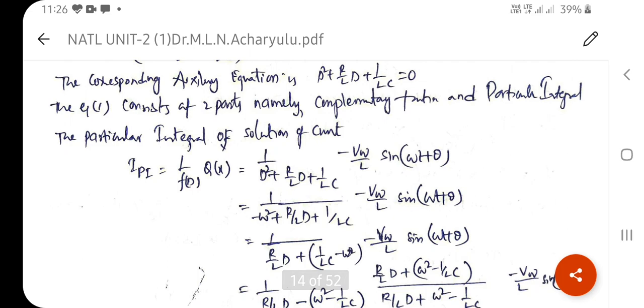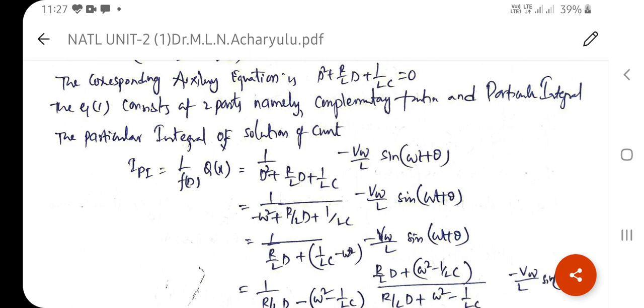Now the particular integral is in the form 1 by f of D into Q of x. Here 1 by f of D is 1 by D square plus R by L into D plus 1 by LC, operating on the right side of the equation, minus V omega by L into sine of omega t plus theta. You already know that D square is equal to minus omega square.